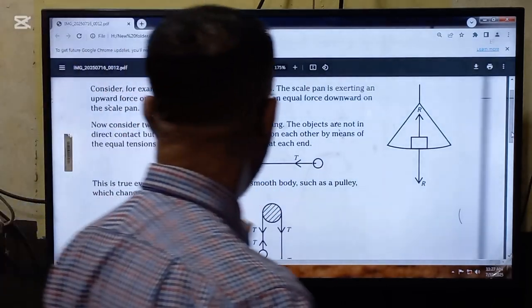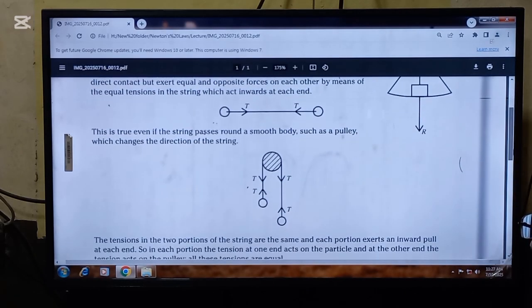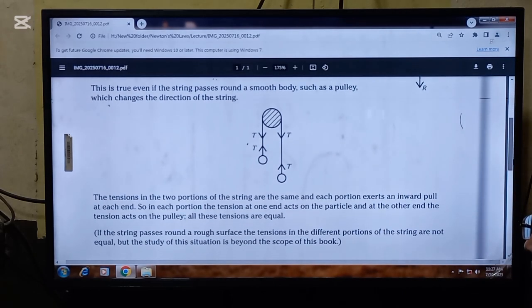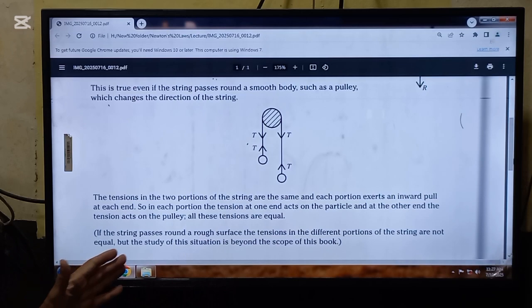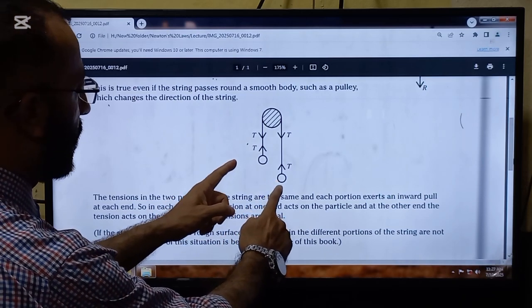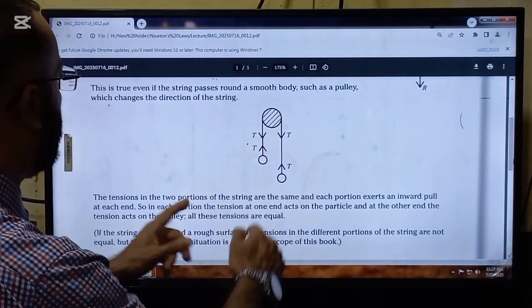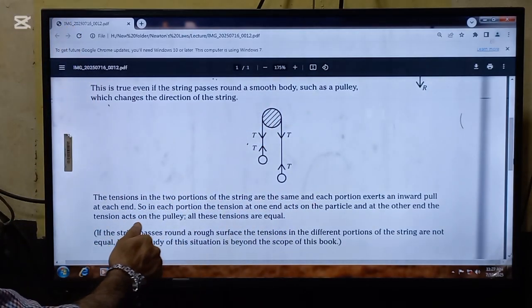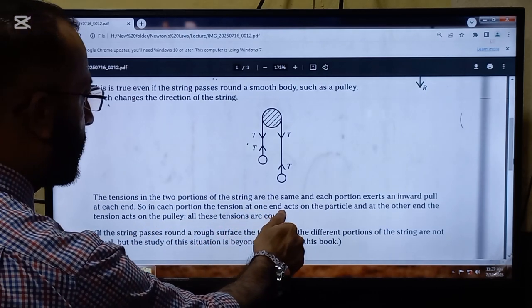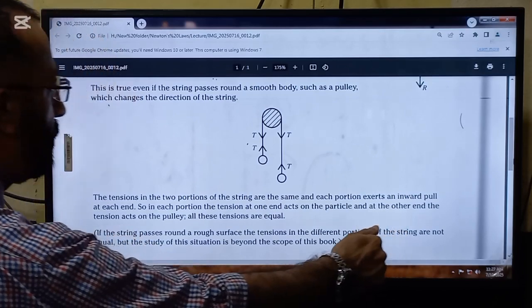This is true even if the string passes round a smooth body such as a pulley, which changes the direction of the string. Here you can see the two bodies are connected with each other through a string which is passing over a pulley. The tensions in the two portions of the string are the same, and each portion exerts an inward pull.